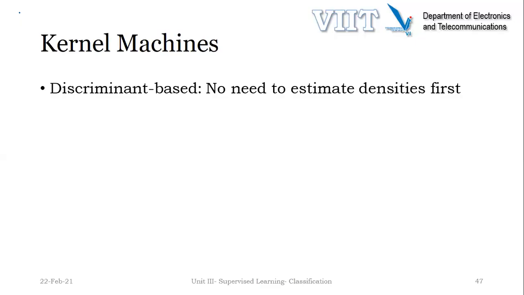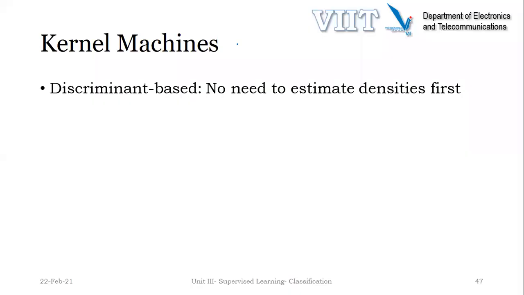Second is discrimination based, that is discriminant functions, and the best example of discriminant functions is kernel machines. And the last one is the generative approach.